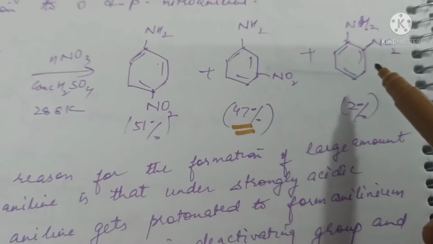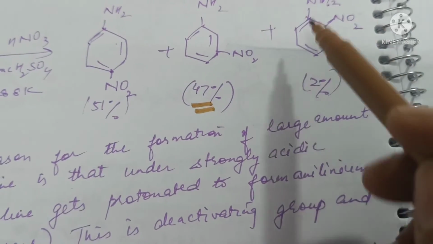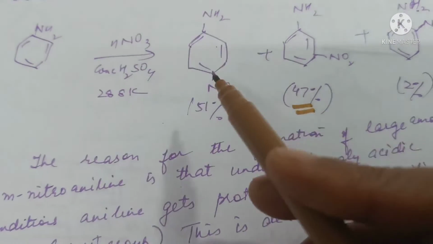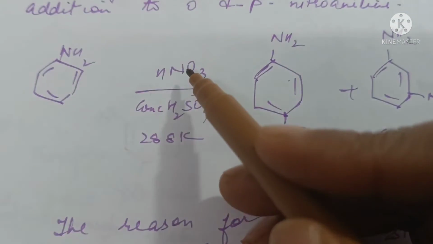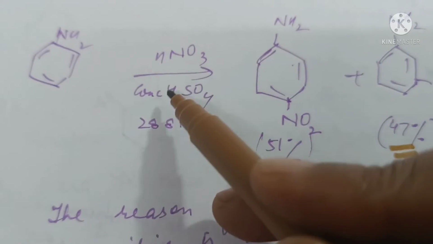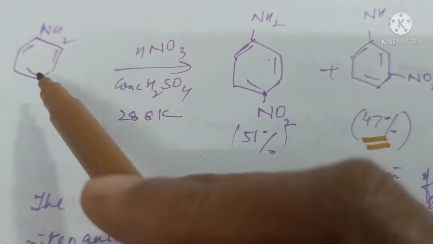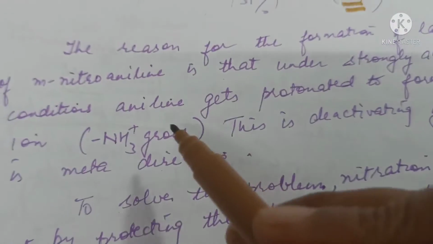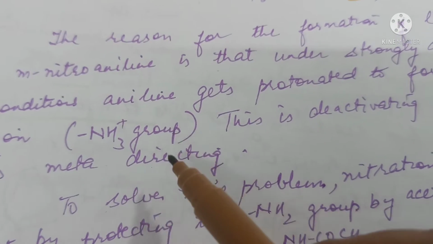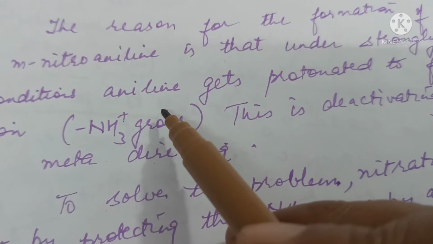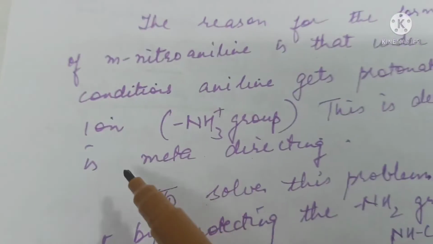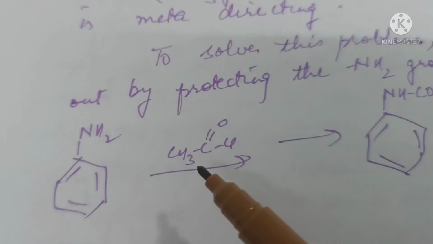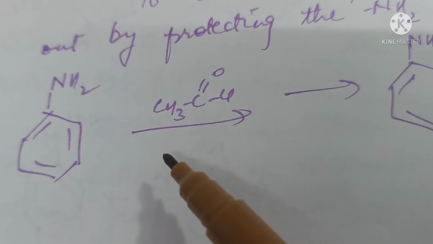Paranitroaniline is 51% and orthonitroaniline is 2%. This is because it is a strongly acidic medium. Aniline gets converted to anilinium ion. It gets protonated. This anilinium ion is deactivating and is meta-directing.